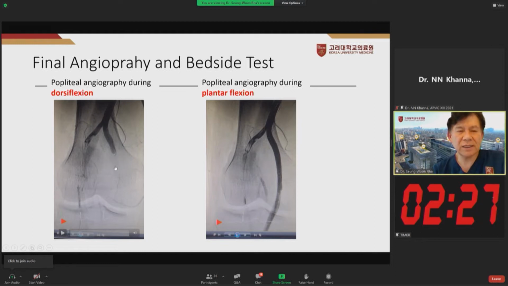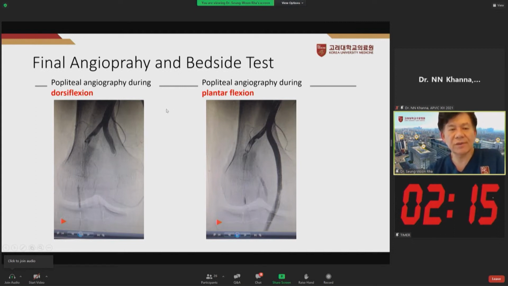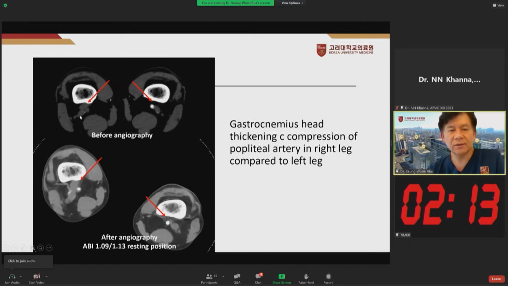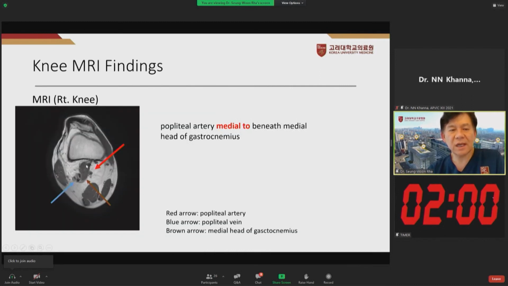Functionally, it means there must be external compression. So you have to think there must be some trouble outside of the popliteal artery. When I looked at this CT angio retrospectively in cross-section, the gastrocnemius head was compressing the popliteal artery. So this should be surgically removed.